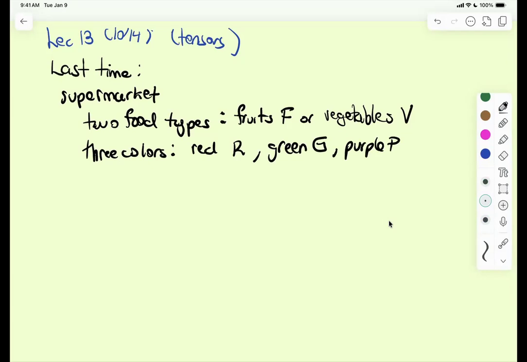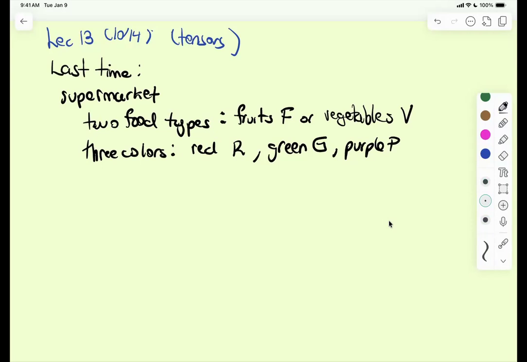So again, you can introduce probability into this picture because you have a supermarket, so you're keeping track of the consumer behavior as they purchase the fruits and the vegetables. So you keep tabs on what color they're buying the products.